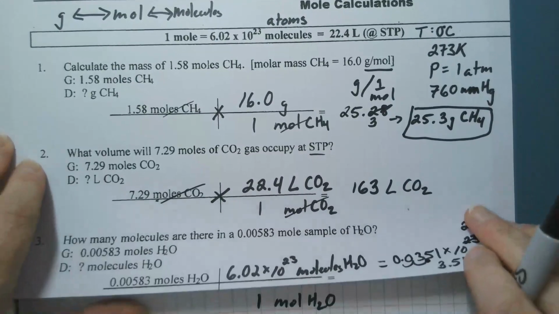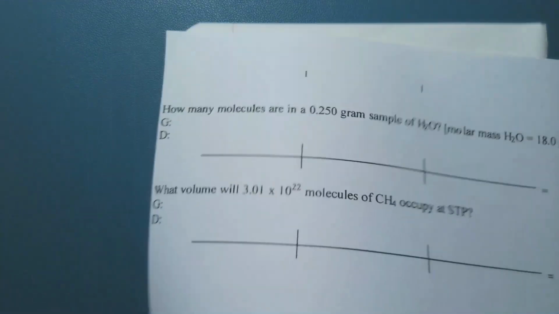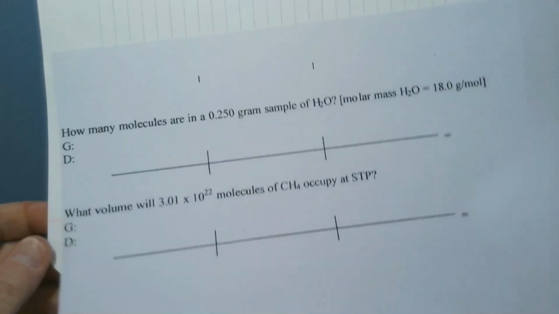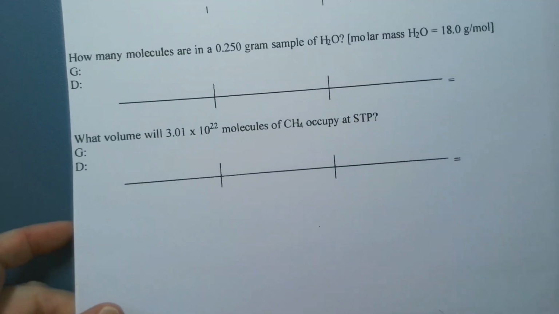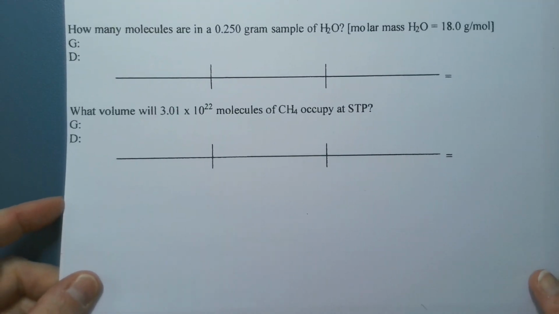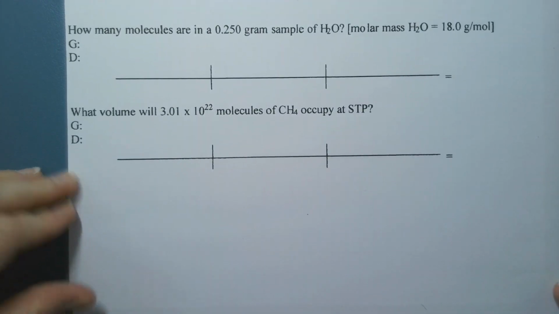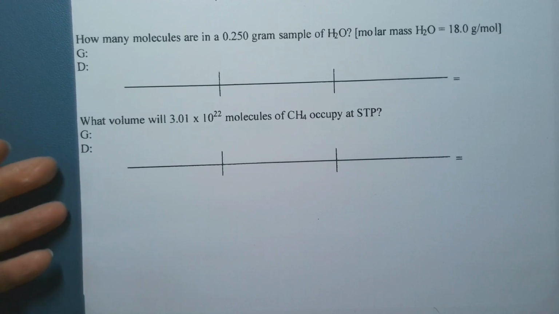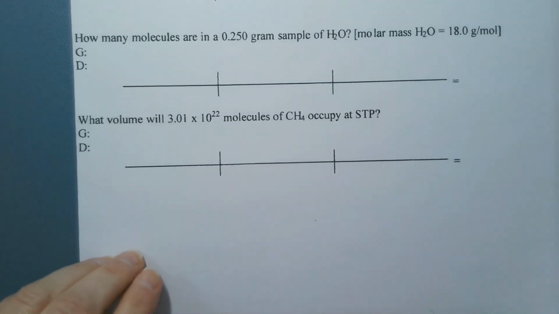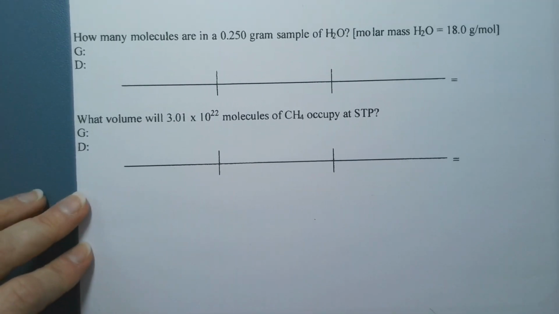Okay, let's take a look at another page here. This one. All right. So this is in the same assignment, and this is where we're going multiple steps. So let's take a look here what we have. How many molecules are in a 0.25 gram sample of water?